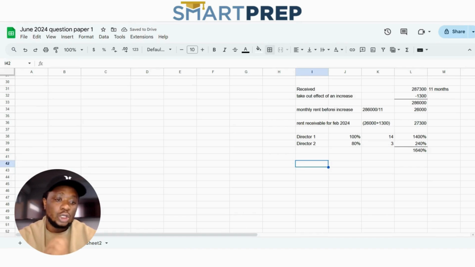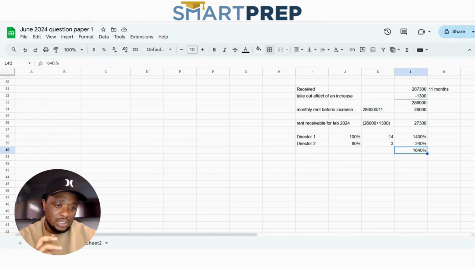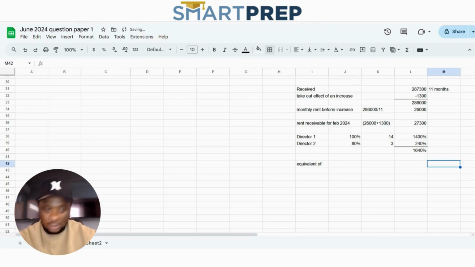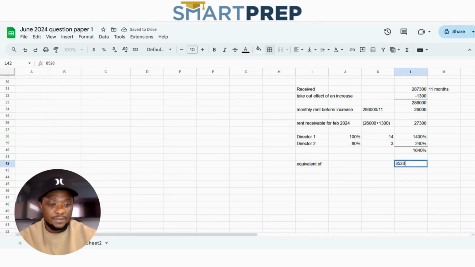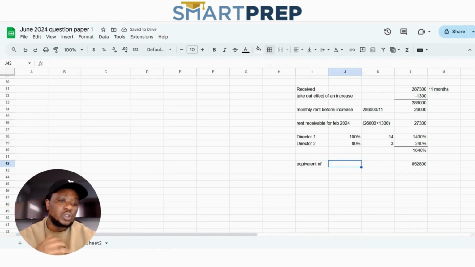And then, to work this out, remember that this 1,400% is an equivalent of the total, which is the rand value, 852,800, right? So if it is an equivalent of 852,800, we can then calculate the equivalent of the 2 months that were received that lie outside the current financial year.